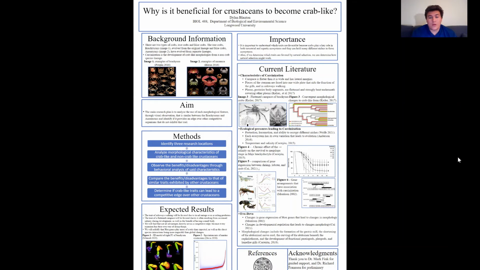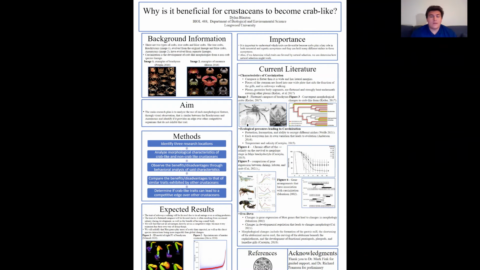Another thing that current literature also gives us is the ecological pressures that lead to carcinization. Some of the proposed ones include the pressure of protection, locomotion, and ability to occupy different niches, as well as each ecosystem having its own variations that lead to the evolution of carcinization.